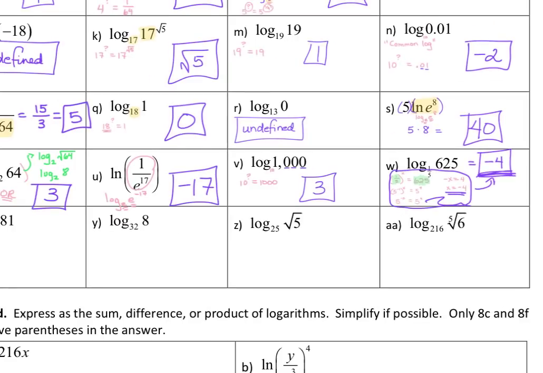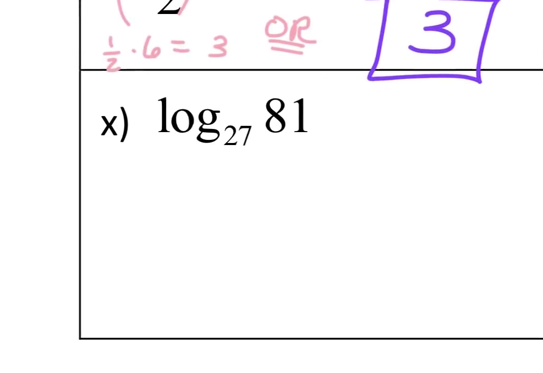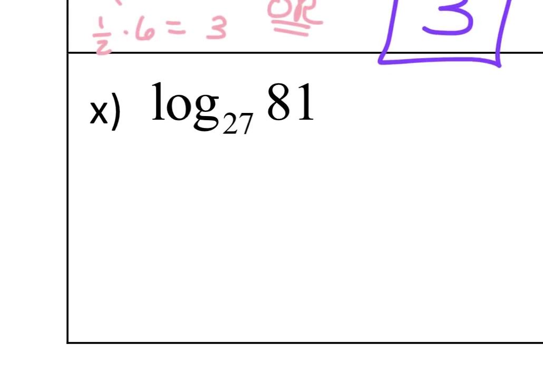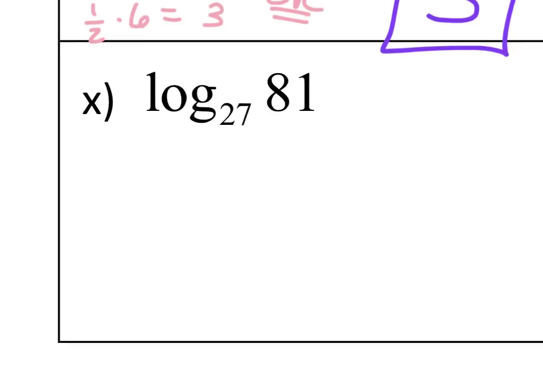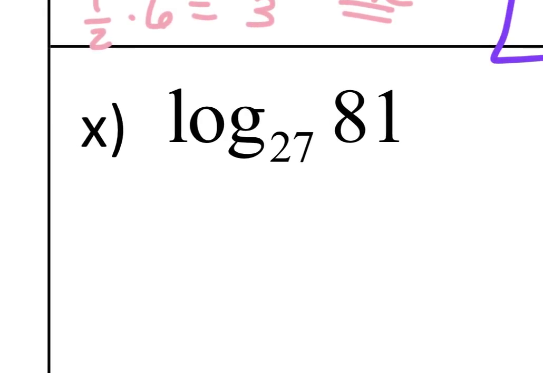Let's look at letter X. So again, that one doesn't jump off the page at me, so I'm going to need to solve some kind of an equation. I'm going to need to pull together an equation to solve and use the same process every time. The base of the logarithm to some power that I don't know should equal the input.